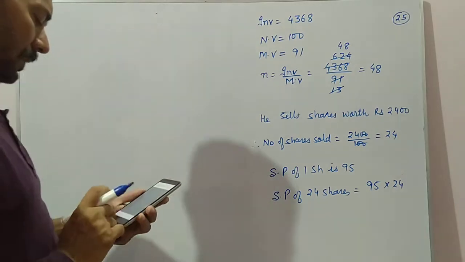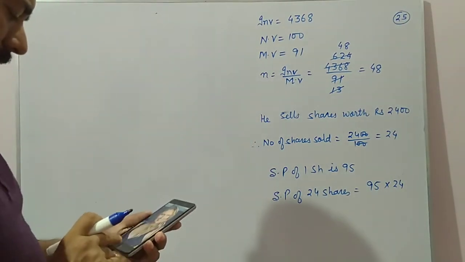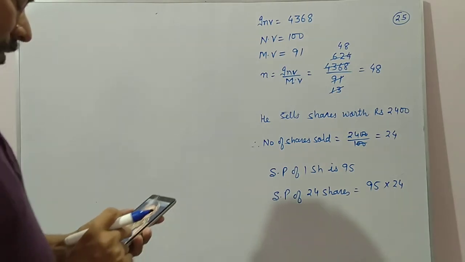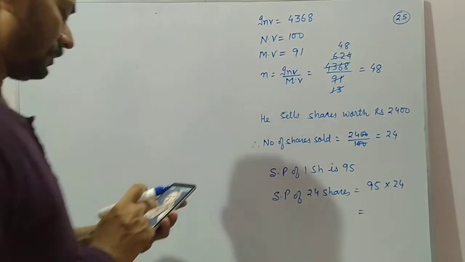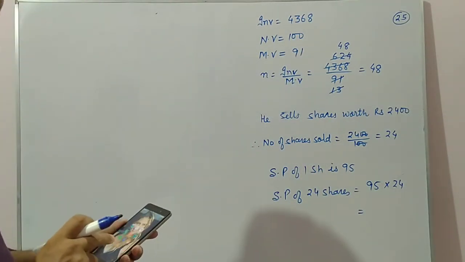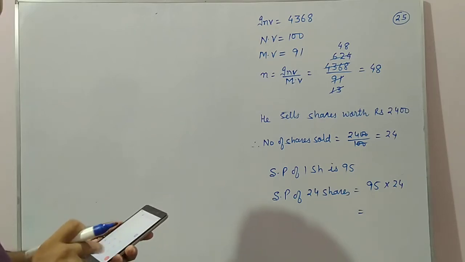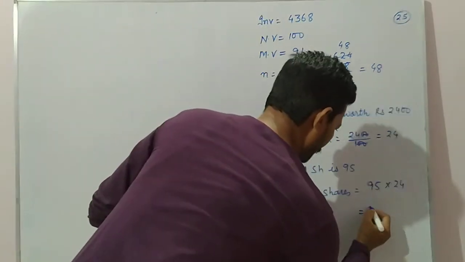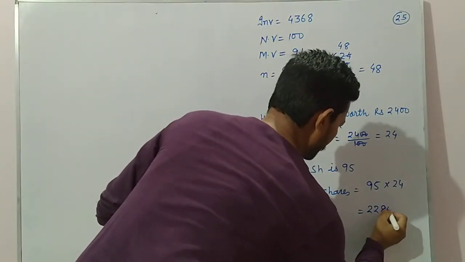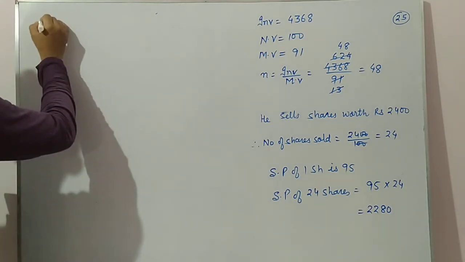So you will get 95 into 24, 2280. Okay. Now remaining shares.